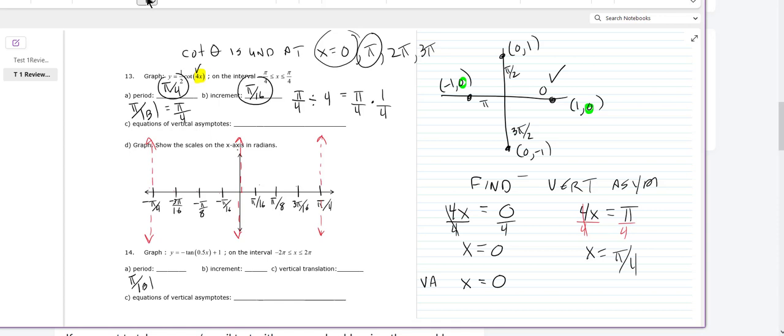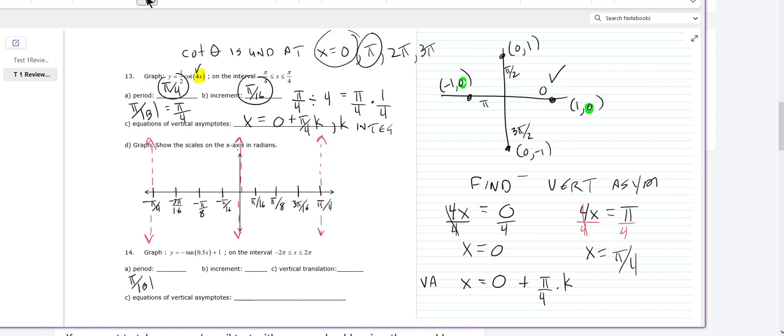I'm going to pick 0. And then the period of this, you're just going to do the period, which is pi over 4 times k. Okay, so you pick an asymptote plus pi over 4k, so you would have to say x equals 0 plus pi over 4k, and you have to say that k is an integer.